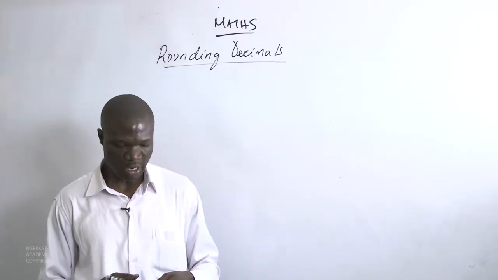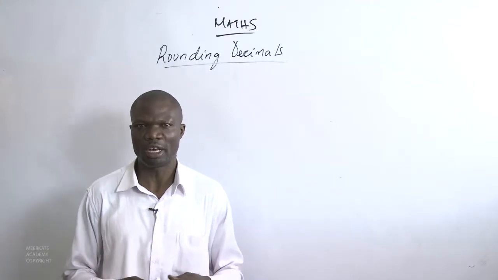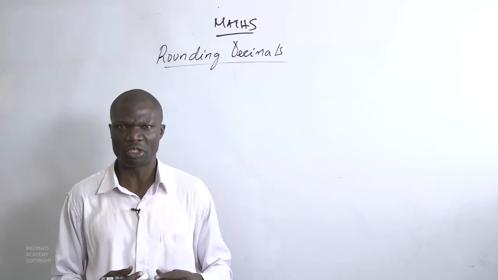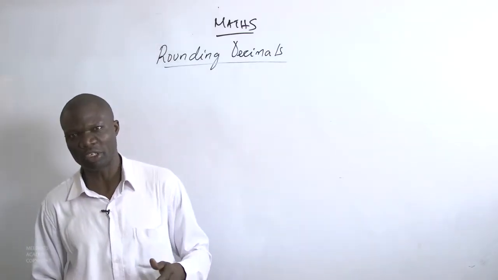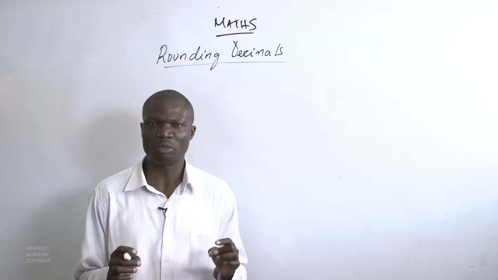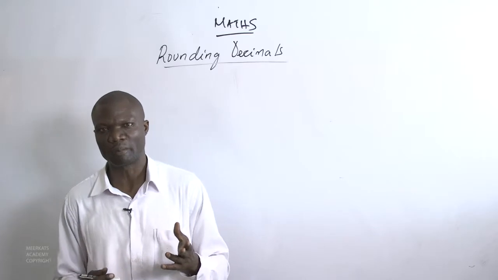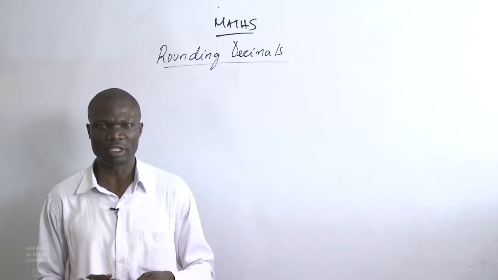Looking at our daily life, we find that decimals are used across the world. And mostly when you look at currencies, it is very important to round off the number of decimals to 2 decimal places. Also, I want to give a good example in athletics.